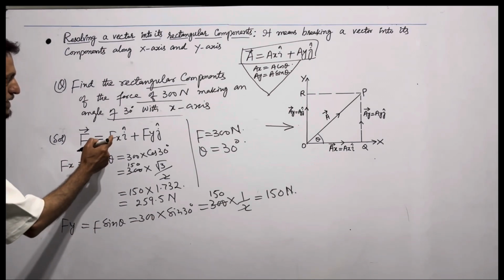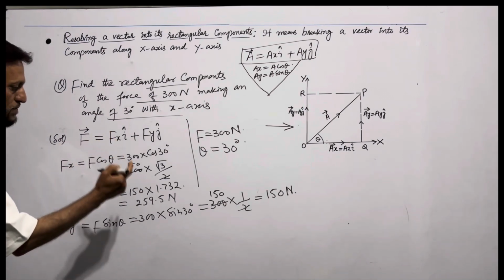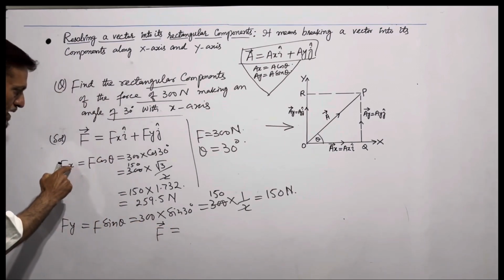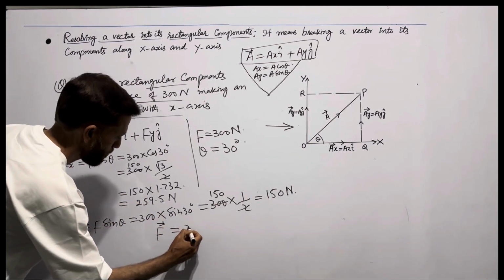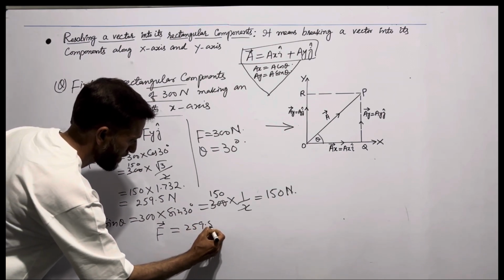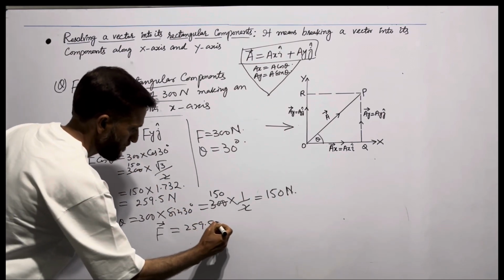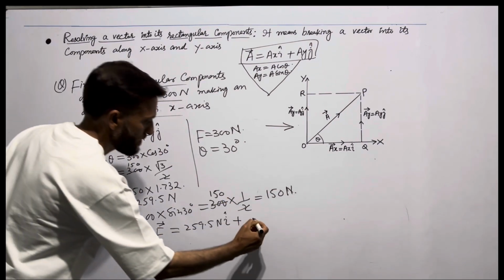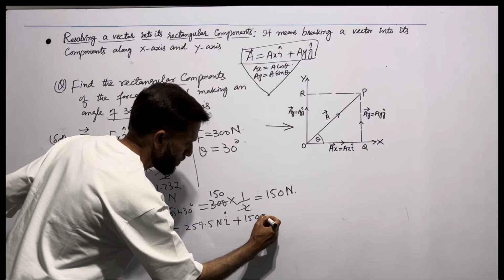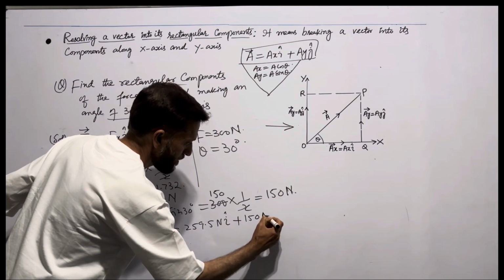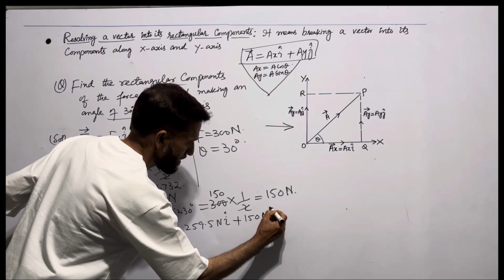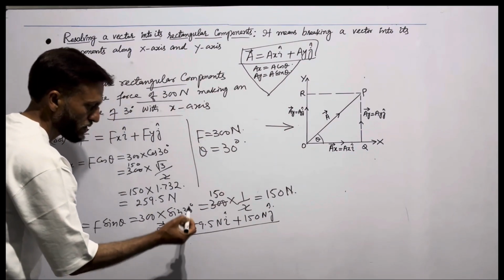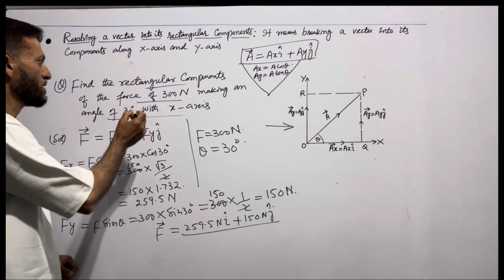Therefore the rectangular components of force vector are F equals to Fx, which is equal to 259.5 I plus Fy, which is equal to 150 Newton J cap. These are the two components, rectangular components of force vector.